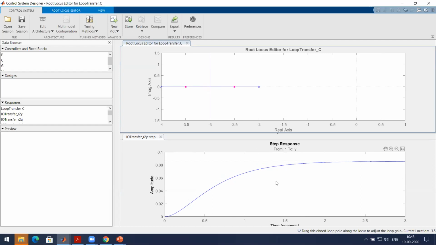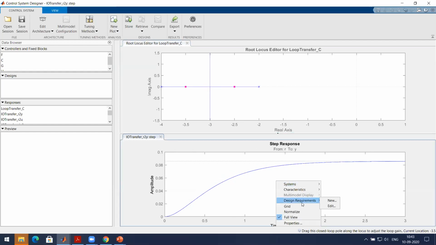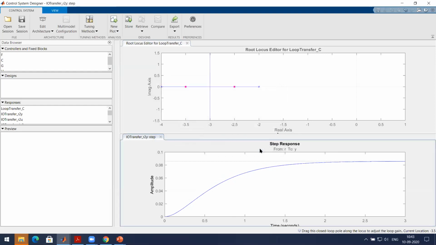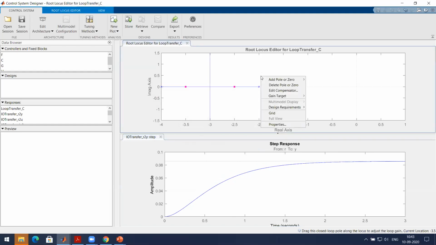So there is a design requirement to be given. If you right click this and say design requirement new, what you get here is the rise time, settling time, percentage overshoot, and all those. This we don't want. So right click over the root locus editor, and then say design requirement new.